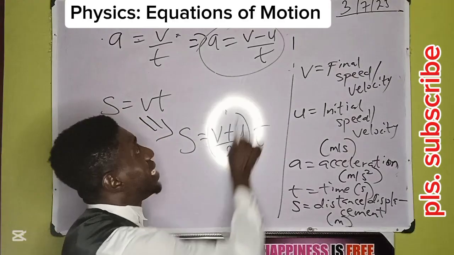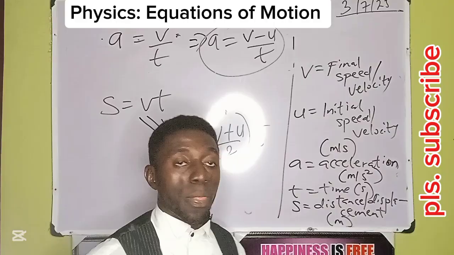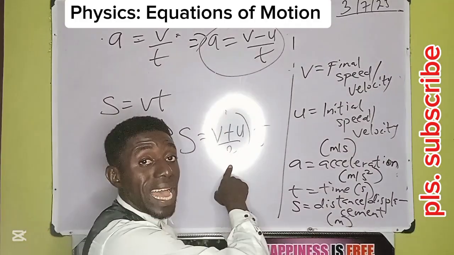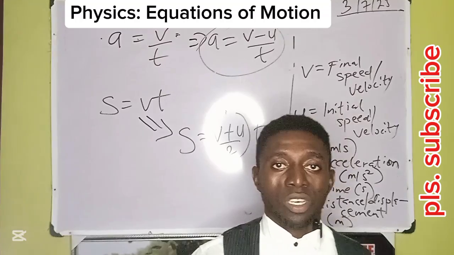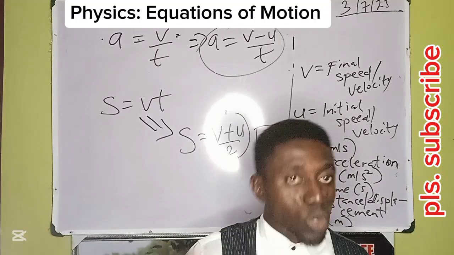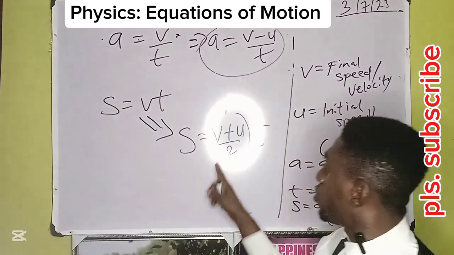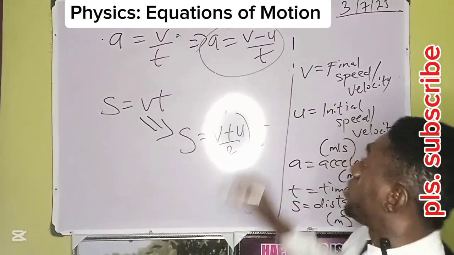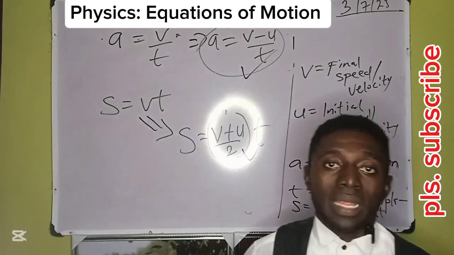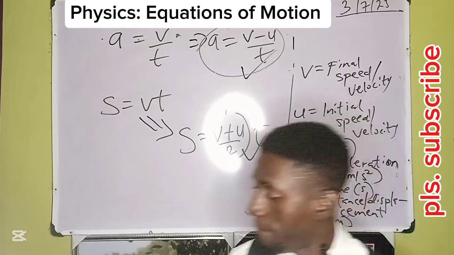Acceleration is change in speed over time, whereas distance is average speed times time. The word change means minus: V minus U, change in speed. But under distance, we're saying average speed. That's why we're doing the average or the mean times time. So these are the 2 key formulas that will give us our equations of motion. Okay, let's prove it better.